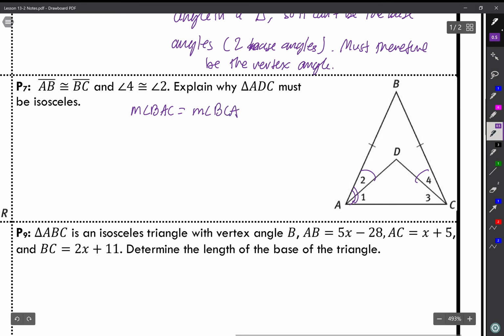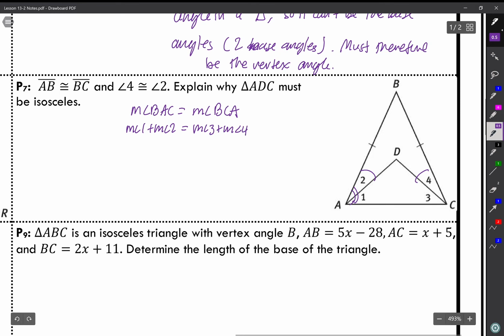Alright, so I know the measure of angle BAC, so I'll write this on the left, it's just the measure of angle 1 plus the measure of angle 2. That's just by the angle addition postulate. Then on the right side will be the measure of angle 3 plus the measure of angle 4.